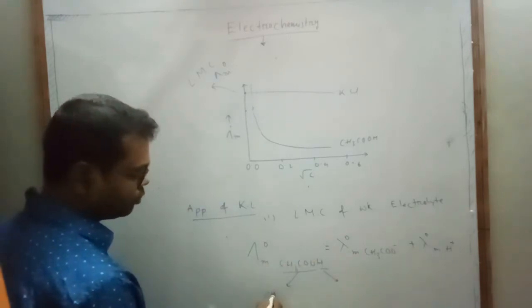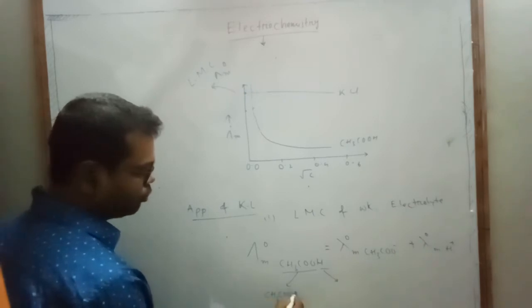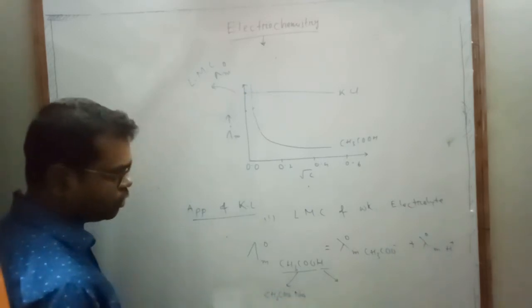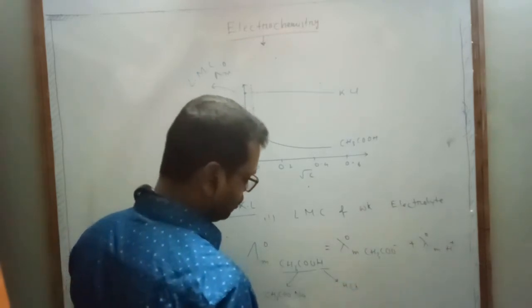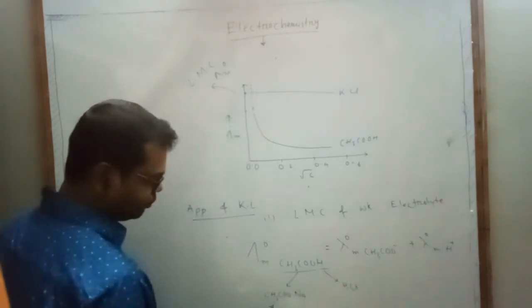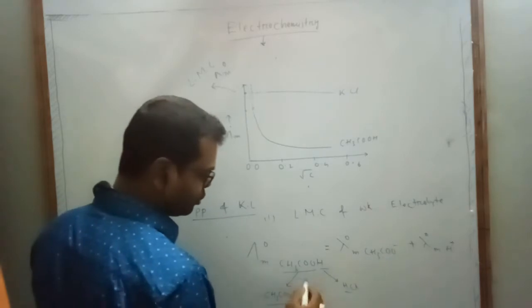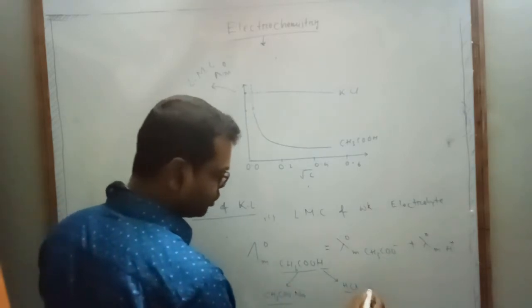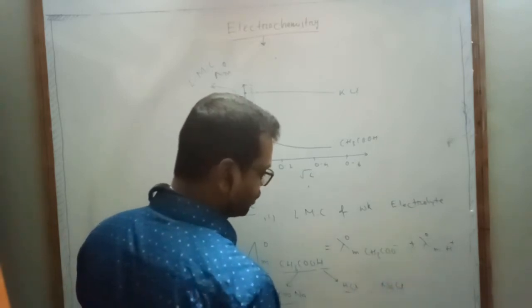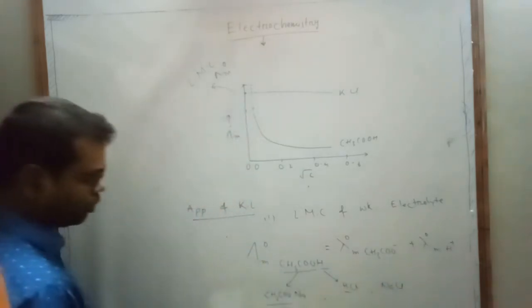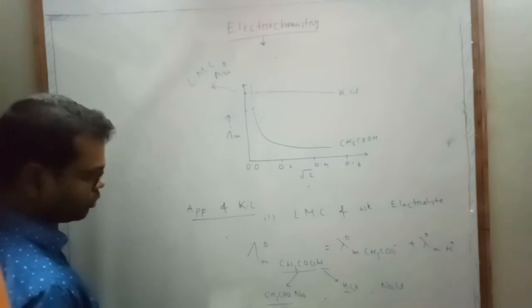CH3COO, you put one Na, that becomes a strong electrolyte. From that, the H positive part with Cl. Now if I write this, these two are present here, NaCl is not present here, and then if I take another electrolyte NaCl, you can easily find out the molar conductivity of this strong electrolyte.